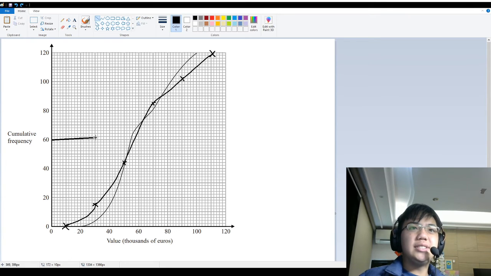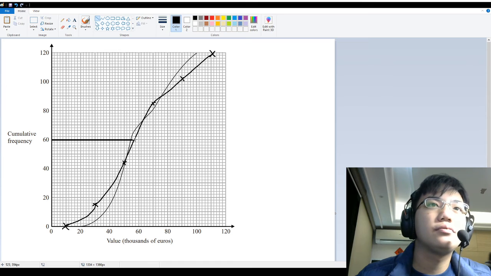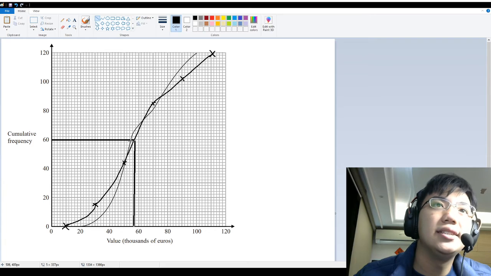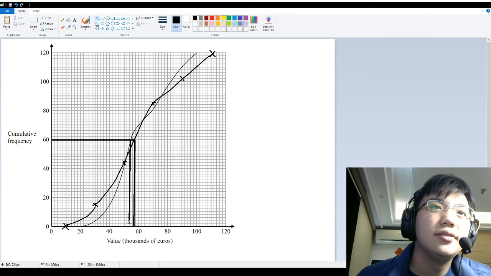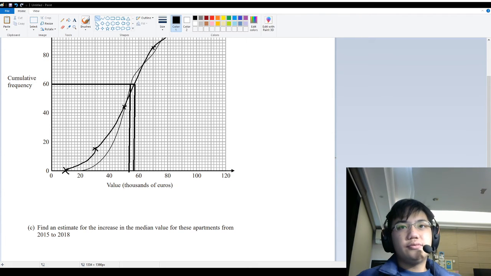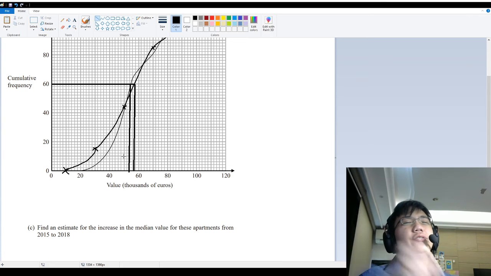So you draw a line from 60 to both of these graphs, and we draw two lines descending from each of these graphs to the x-axis, where we determine the difference between the median value of housing from 2015 to 2018. Mean and median, two different things.